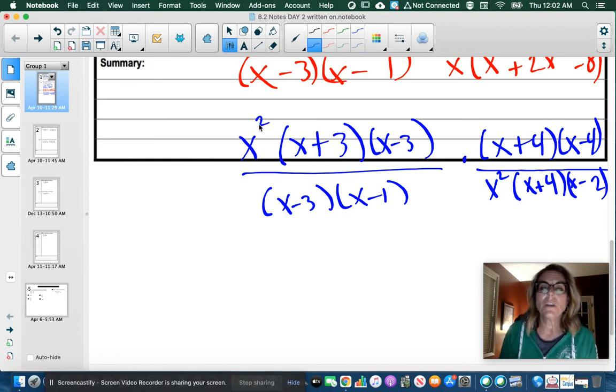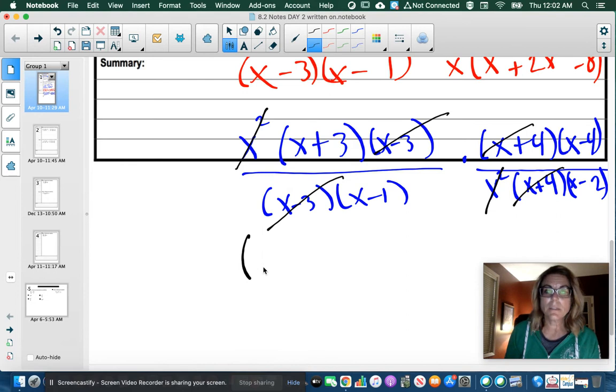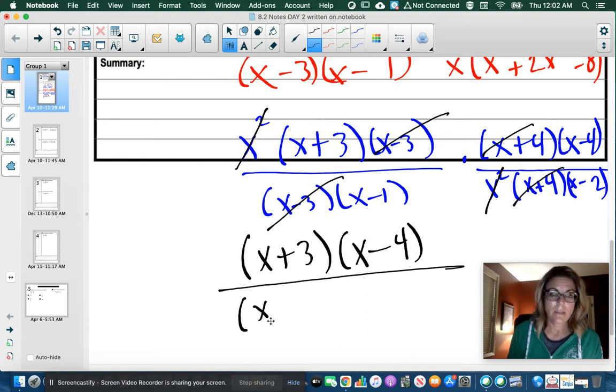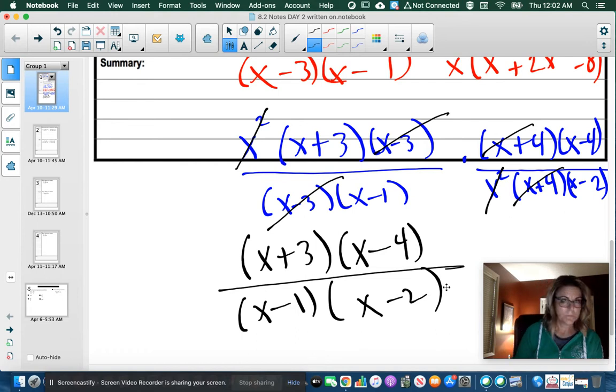Well, let's start over here. I have an x squared on the top and x squared on the bottom. X plus 3, there's none on the bottom, but there's an x minus 3, top and bottom. X plus 4, top and bottom. And so what we are left with is an x plus 3, x minus 4, x minus 1, x minus 2. And there's our answer.